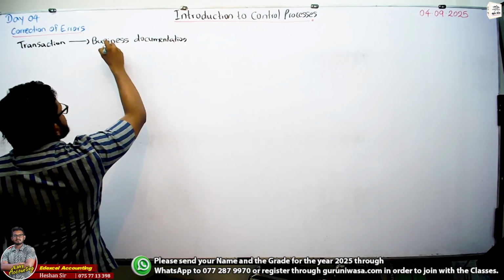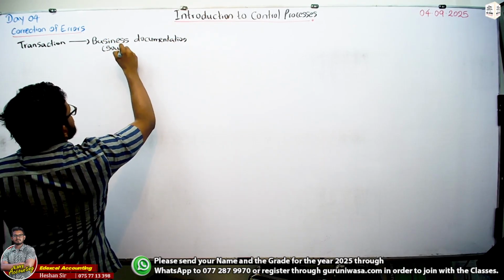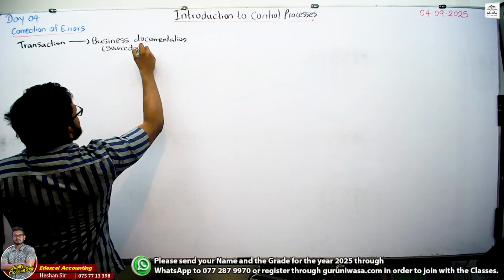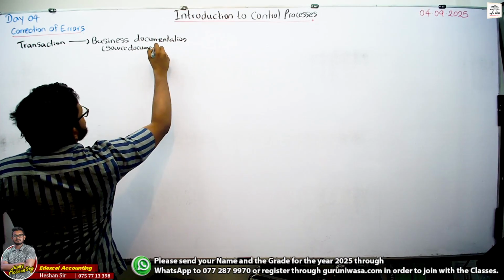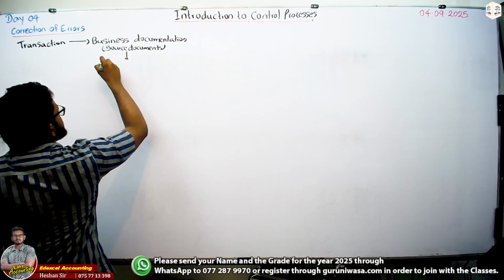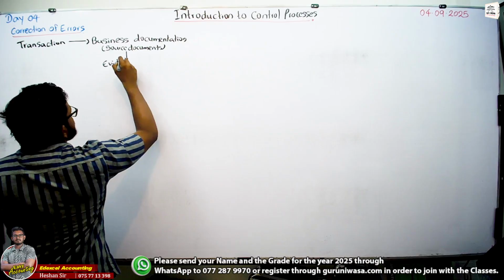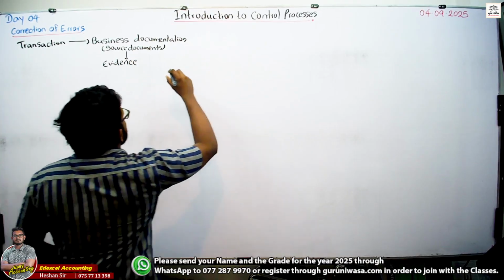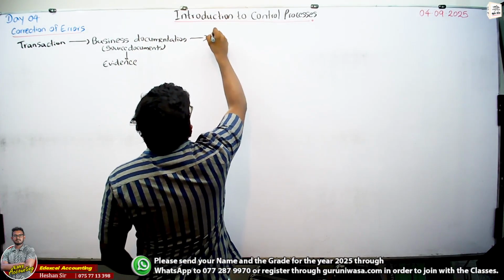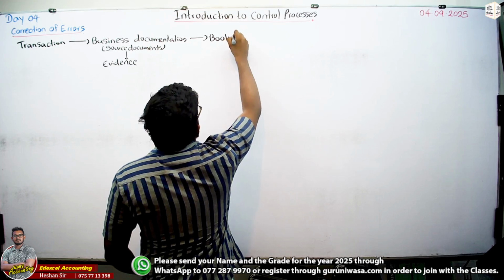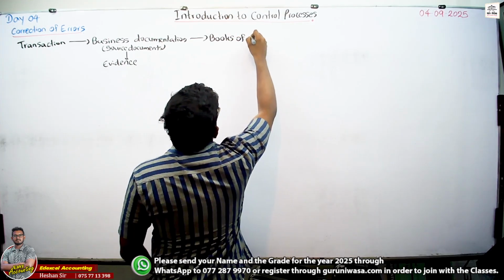Another name, source documents. This is an evidence, right? Then after that we record in the set of books, books of original entry.